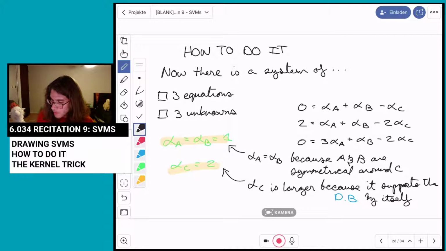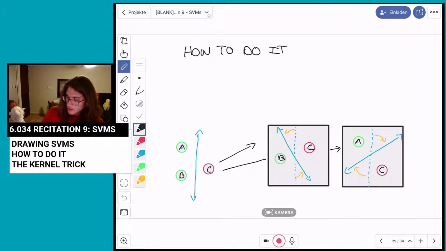So what happens when alpha A and alpha B aren't symmetrical? Well, we start to get the behavior that I have drawn here.